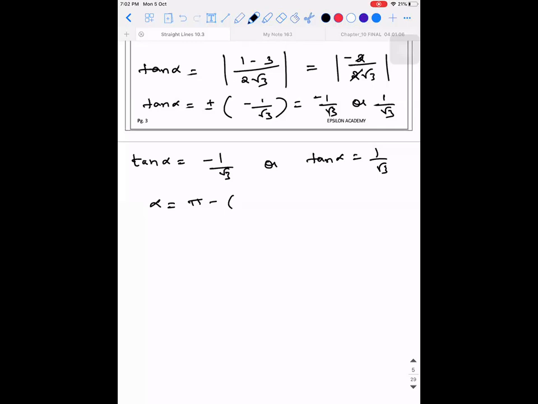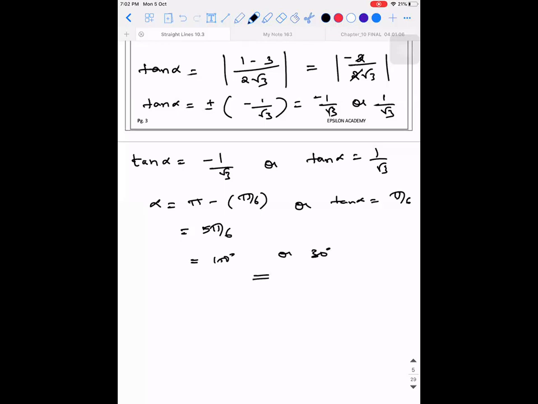So had it been 1 by root 3, what would have been the acute angle? 30 degrees. That is pi by 6. So answer will be 5 pi by 6, or pi by 6. Since here we need to write in terms of degrees, it can either be 150 degrees or 30 degrees.